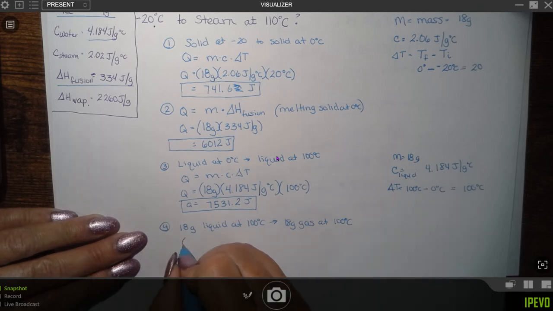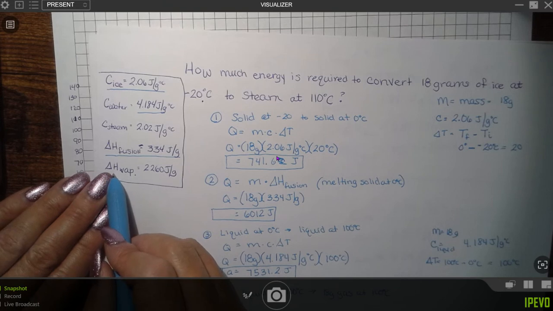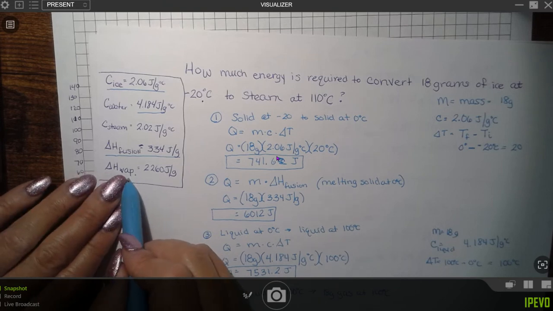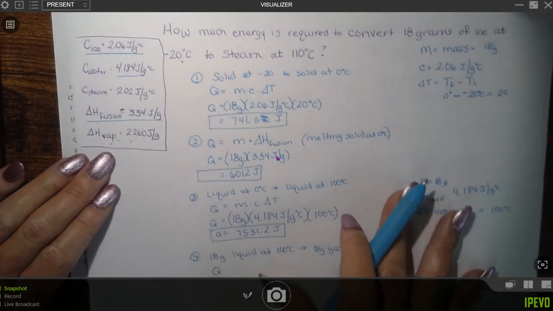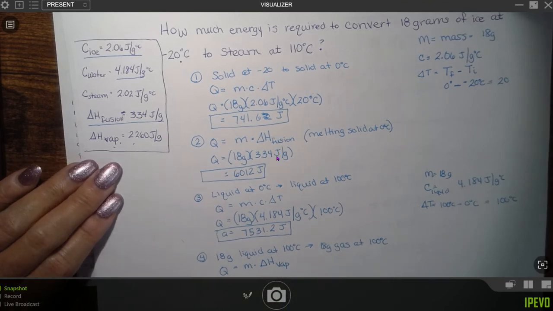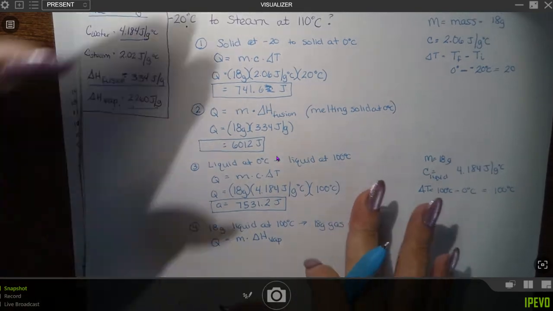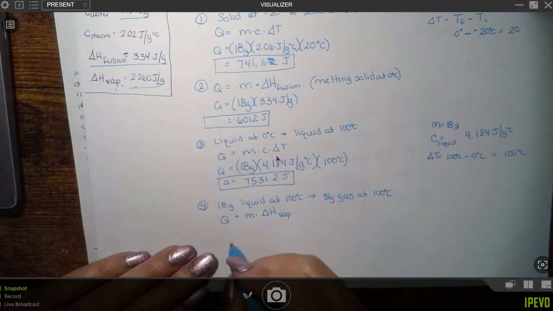We're going to use Q is equal to the delta H, the change in enthalpy of vaporization. Okay, so Q is equal to the mass times delta H of vaporization. Okay, vaporization being boiling. All right, so let's plug this in.